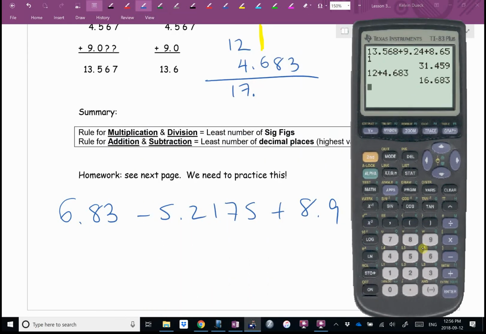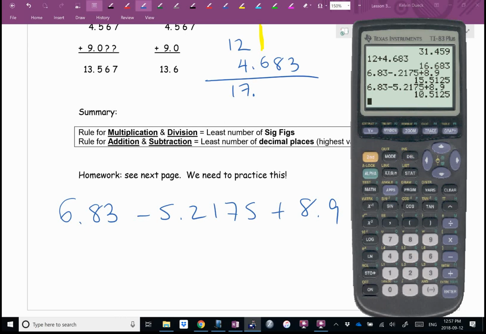It's going to be 6.83 minus 5.2175 plus 8.9. I forgot the 5. I caught that. This is why I told you to get a good calculator, so you can do things like backspace and edit.